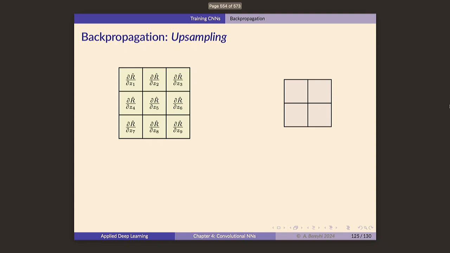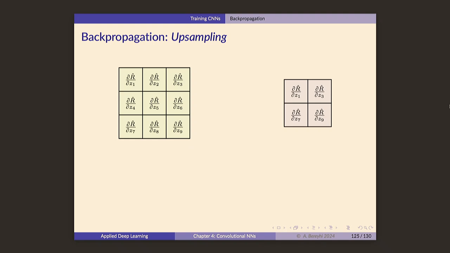In other words, when you want to move backward over an upsampling, you simply get these gradients and then you do the downsampling, and you get the gradients with respect to the input. Clear? So again, you do convolution, downsampling, you're back to the input. Everybody's clear?